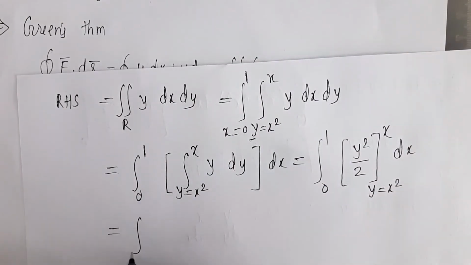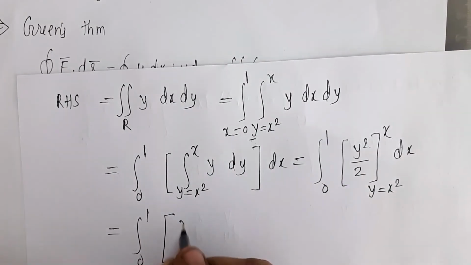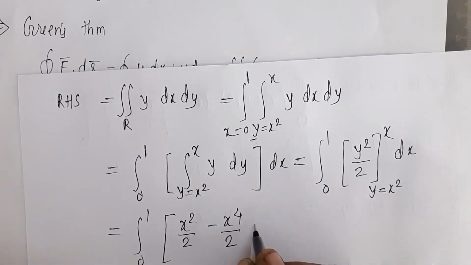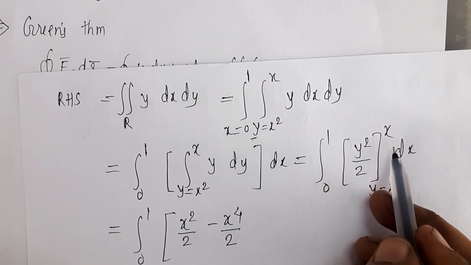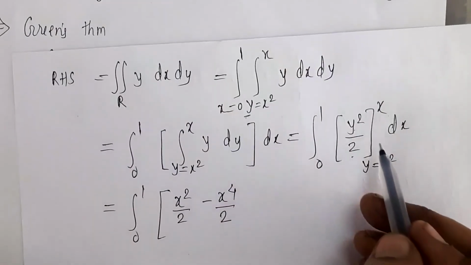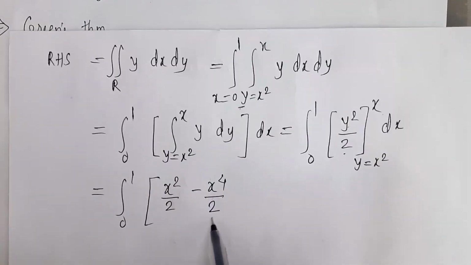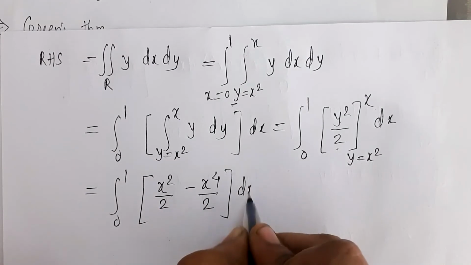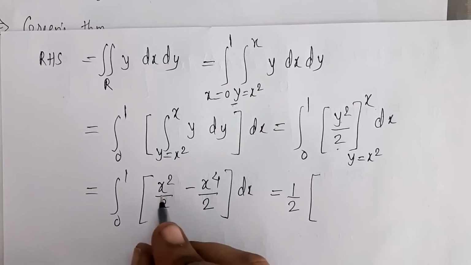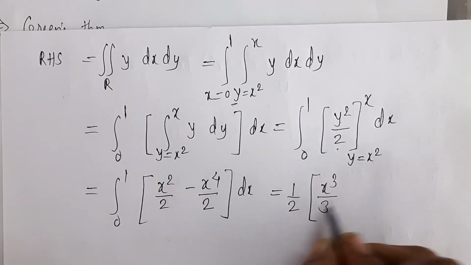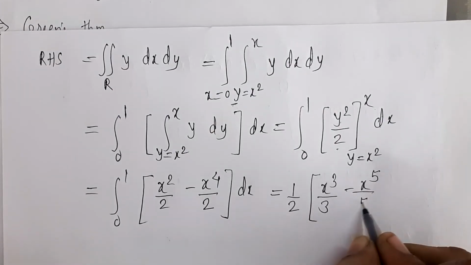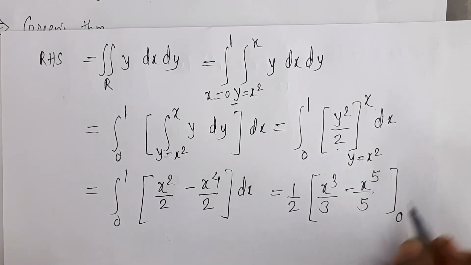Now substituting the limits and simplifying, it becomes x square by 2 minus x to the power 4 by 2. If we substitute the upper limit, it is x square by 2, and x square squared becomes x to the power 4, so x to the power 4 by 2, dx. It is equal to 1 by 2 outside. What is the integration of x square? x cube by 3, and the integration of x to the power 4 is x to the power 5 by 5, over the limit 0 to 1.